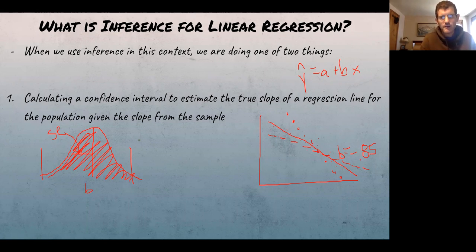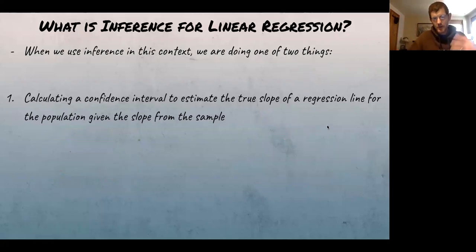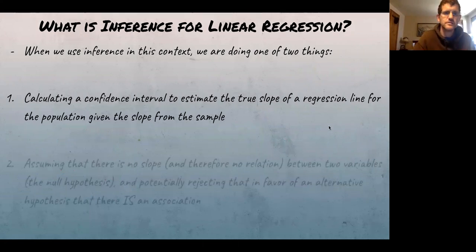But in confidence intervals, we're going to try and estimate the true population slope for a regression line, because what we got from one sample is probably not going to be the completely accurate one. And we'll learn about the levers that we can pull to increase the accuracy of our confidence interval.